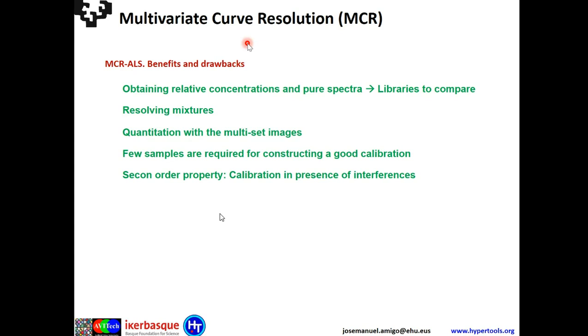So it's somehow easy to solve mixtures. Of course, it's a second order technique, so we can also make calibrations in presence of interferences. Few samples are required to construct good calibration models. And using the constraints, it's easy to make it more versatile for different cases.